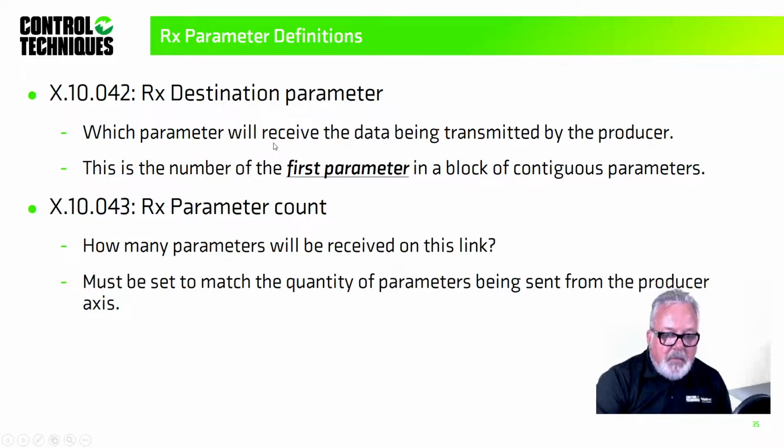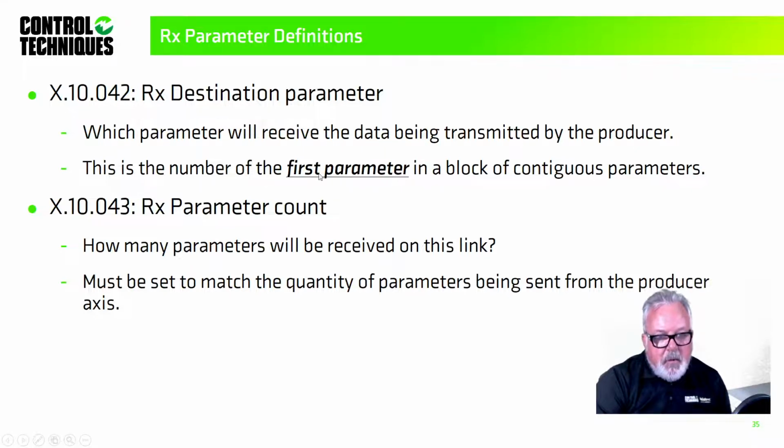So if I'm sending 5 messages from 1801 in the transmitter, I'm going to need to receive 5 messages in the receiver. So this is the first parameter in the receiver, and then the other 4 parameters contiguously will be populated with the other 4 transmitted links.